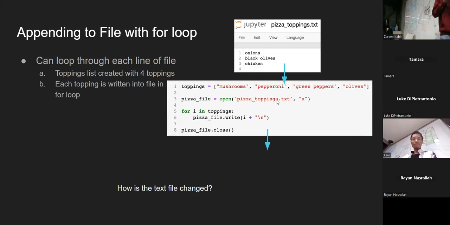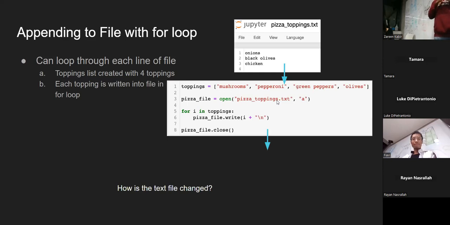And lastly, or not lastly, we have appending to a file with a for loop. Again, you can use the for loop to go through each line of the file. We have a little example here. You have the given text file at the top, and then you have the code block. Just to go through it, I have the toppings list with actual toppings already in it.